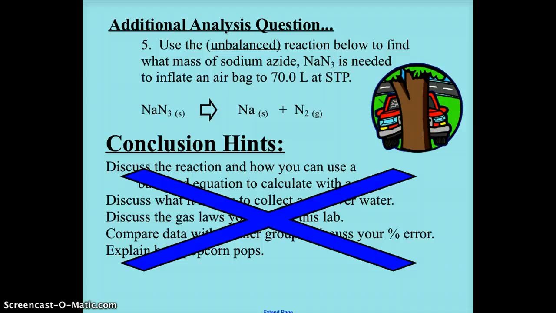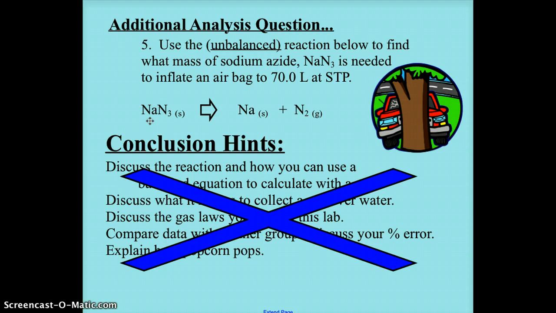Question number 5, the last one, says use the unbalanced, so in other words, I'm giving you a hint, please balance that equation below to find what mass of sodium azide, that's the substance right here, the NaN3, is needed to inflate an airbag to 70 liters at STP. So this is the reaction that causes your airbag to inflate.